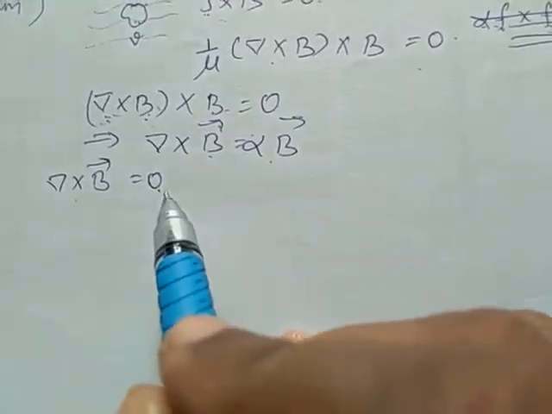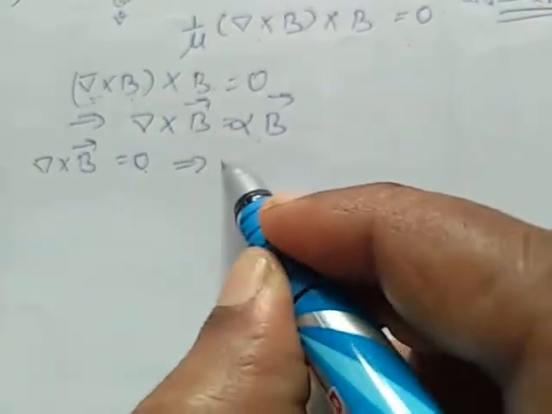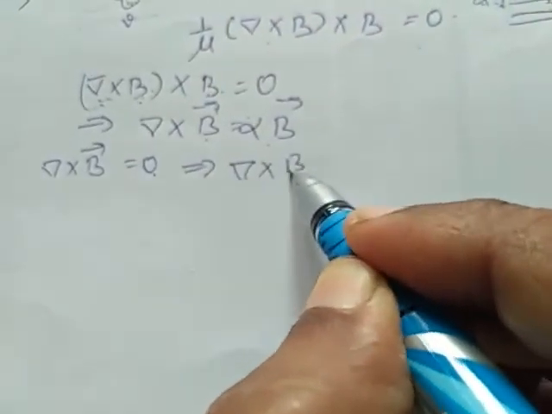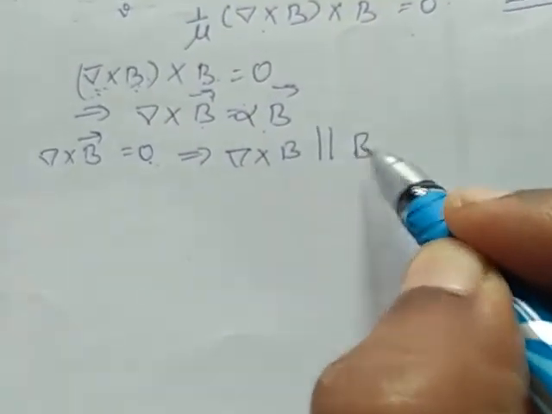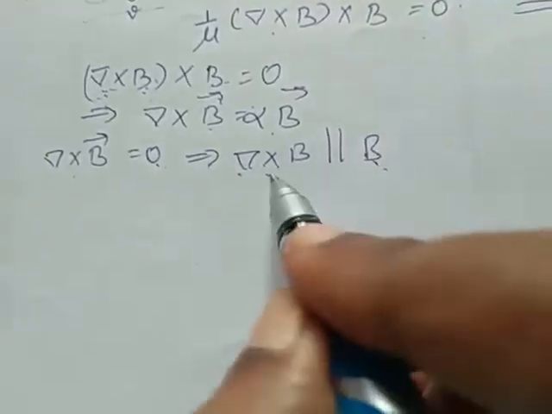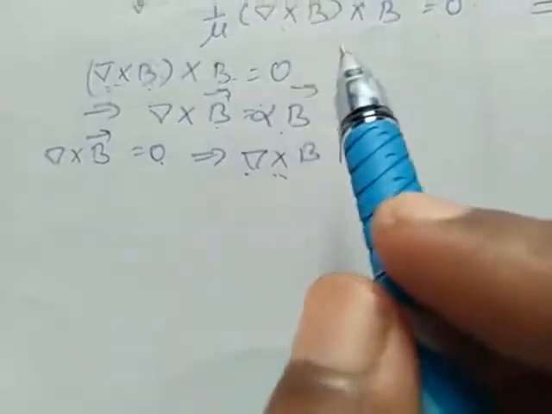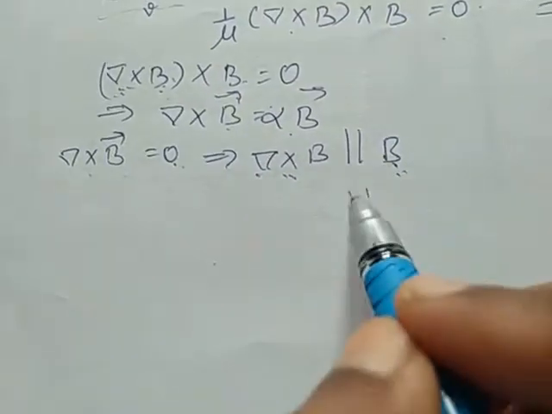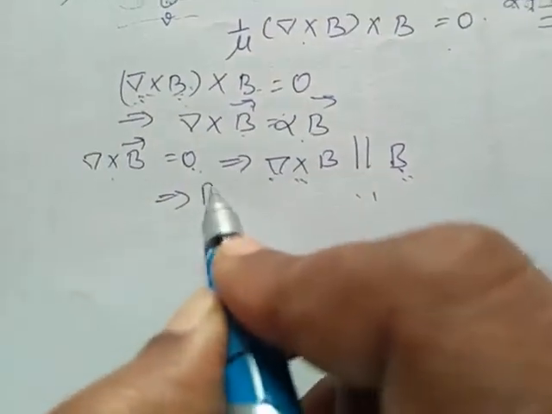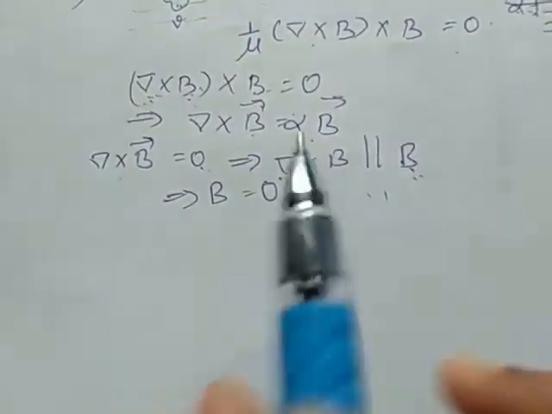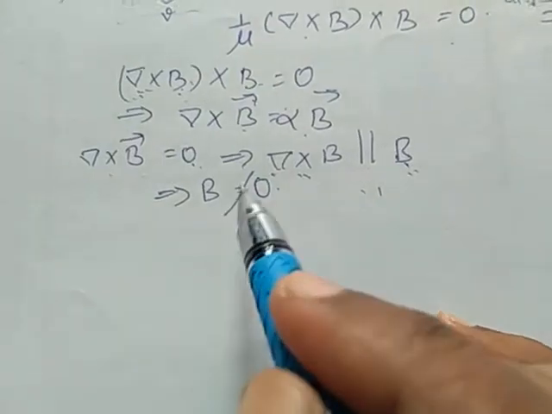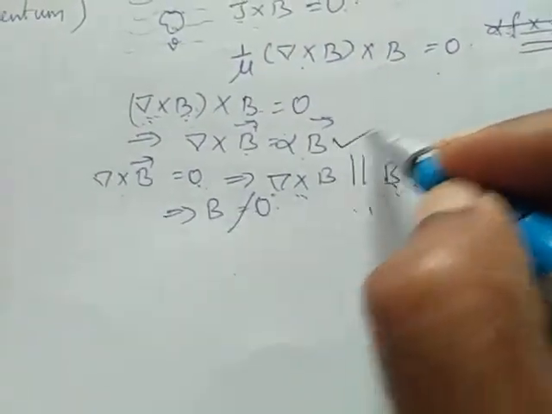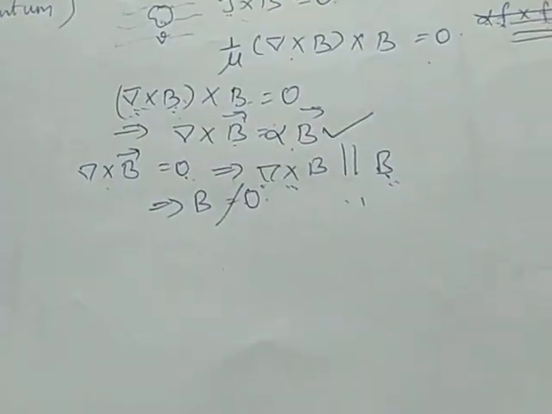If del cross B is 0, this implies curl of B is parallel to B. If both are parallel to each other, then only it will become 0. This implies B is 0. But B is not equal to 0. It is not possible. Therefore, del cross B is equal to alpha B.